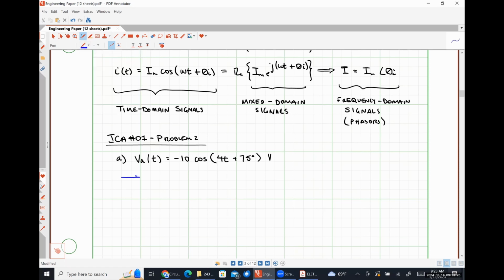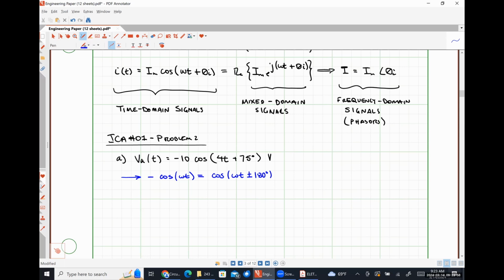If we have negative cosine omega t, this is the exact same thing as positive cosine omega t plus or minus 180 degrees. Okay, it literally does not matter if you add or subtract 180 degrees. We are just going halfway around the unit circle either way.